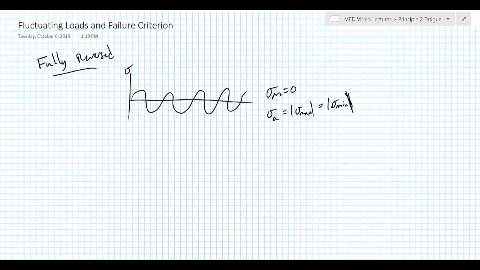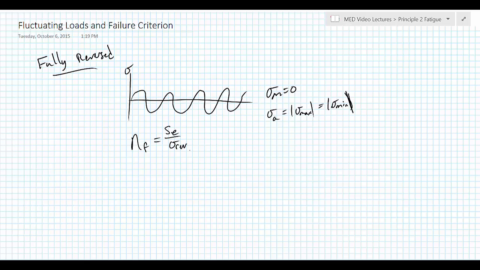So that's the most simple case that we could get, and when we were talking about that, we said, okay, fine, the fatigue factor of safety is the strength of the part compared to the stress that it's under. This is the fully reversed case.